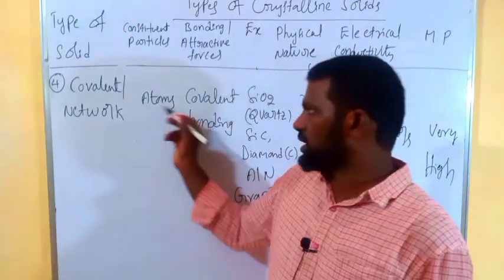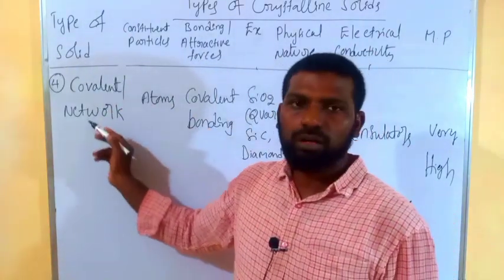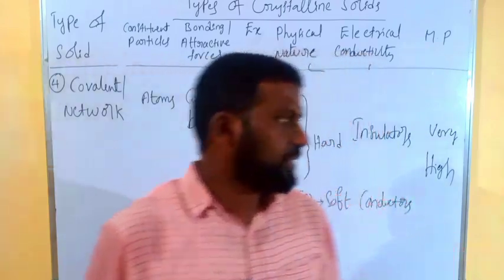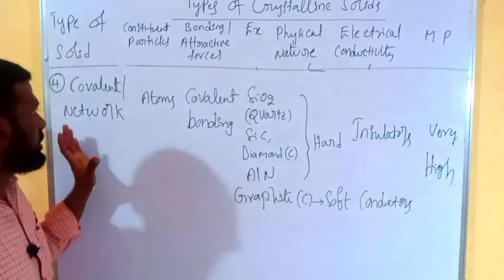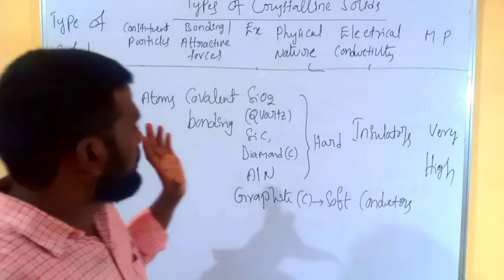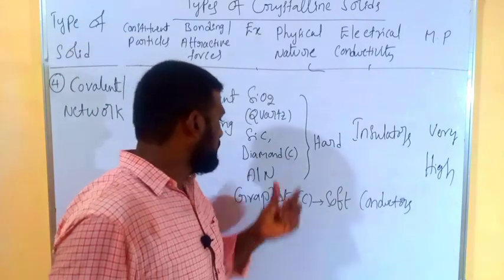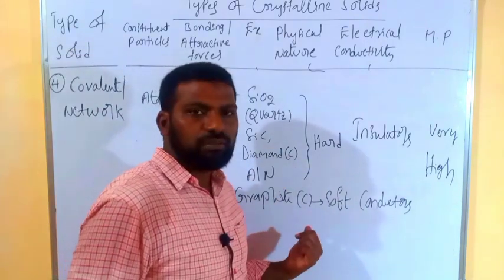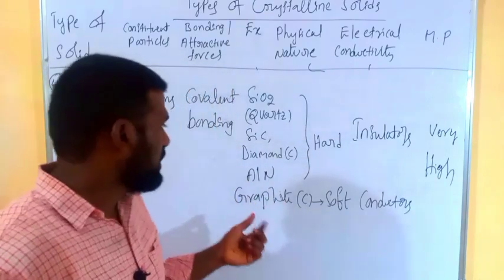Next, fourth type, covalent or network solids. Here in covalent and network solids, the best examples are diamond and graphite. Why am I saying best examples?